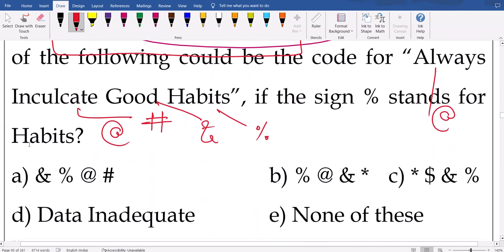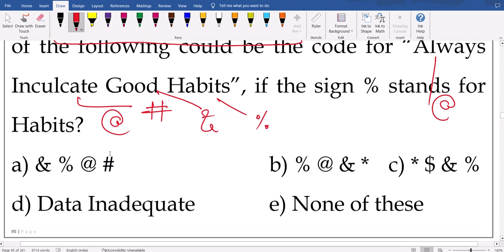The letters are available in option A. I agree, people are claiming that, sir, and is available, percentage available, at the rate available, hash available. Yes, it's available. But what about that order? I'm worrying about that order as well. Order does not fit anywhere.